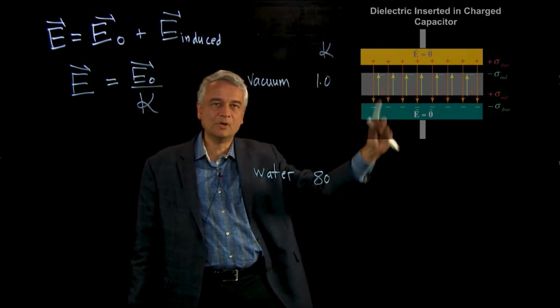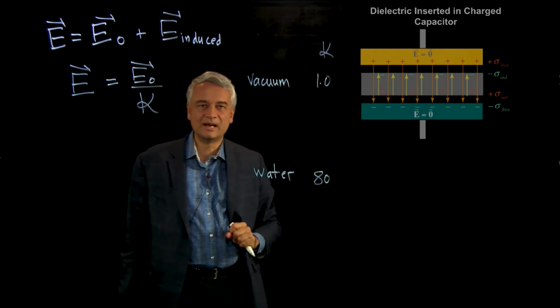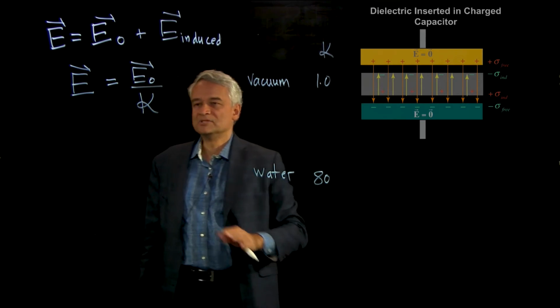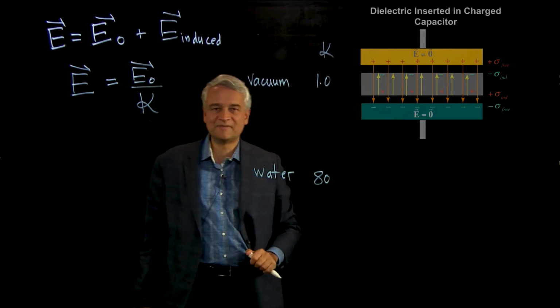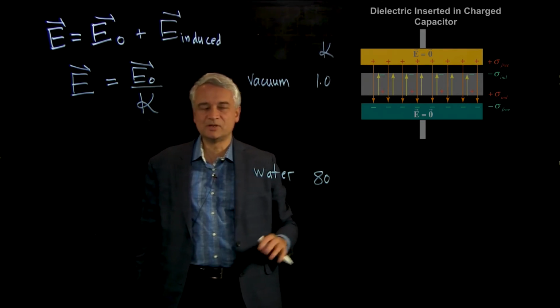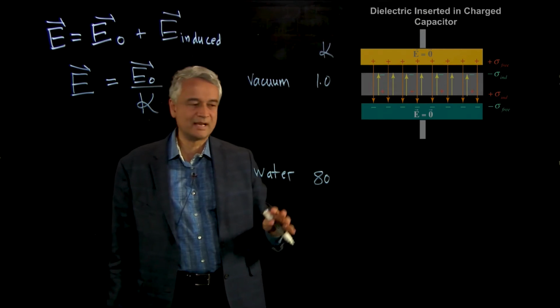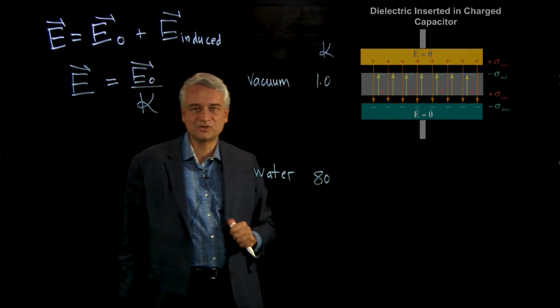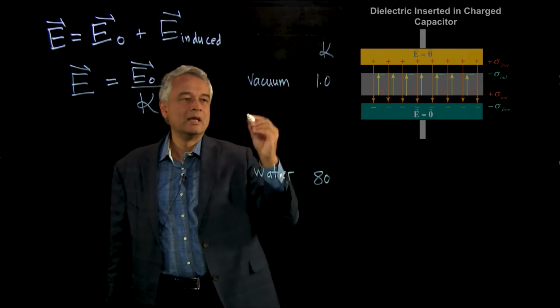So I almost completely cancel the orange field with my yellow field. I cancel 79 out of 80 of it, and the result is that I reduce the electric field by a factor of 80. So water is an extremely good dielectric, and the reason for that is that in water there are permanent dipoles that are there even before I turn on the electric field.